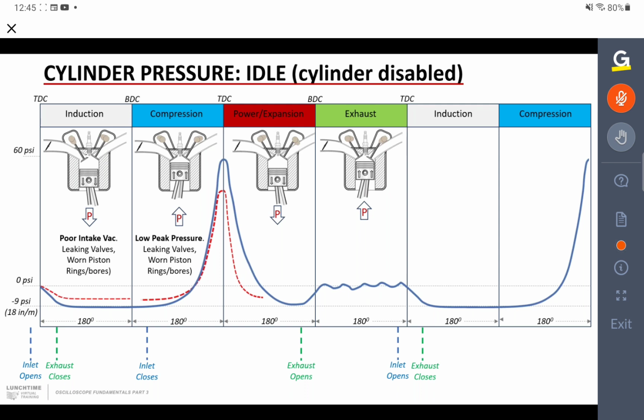And the same thing would apply when the piston is going up on the compression stroke. As the piston is rising, the vacuum is not as low as we expected it to be, so we've got a slightly higher pressure. And as the piston's rising and rising, the pressure will try and escape if we've got a leaking valve, worn piston, rings and bores and so on.